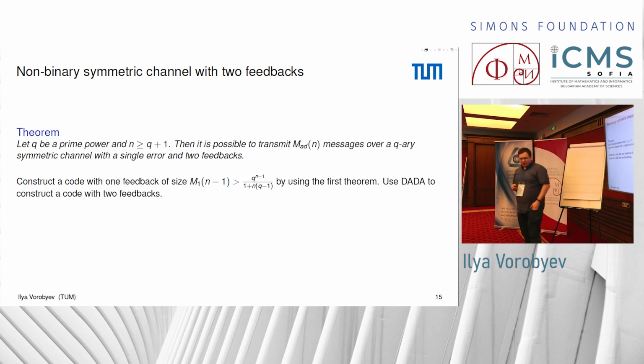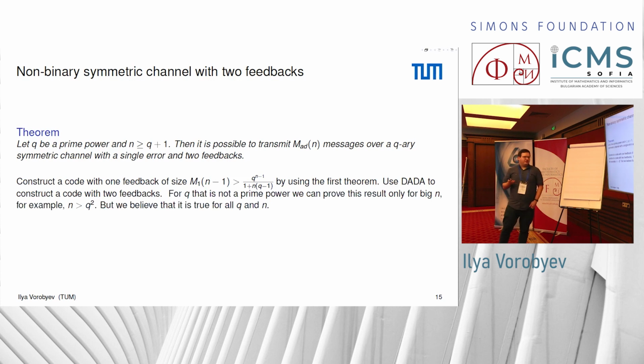Okay, so yes, it's proved only for q which is a prime power. When q is not a prime power, for every q we can prove it for n which is bigger than something, for example, for n which is bigger than q squared. But yeah, I think it can be proved for any q, and we are working on it.